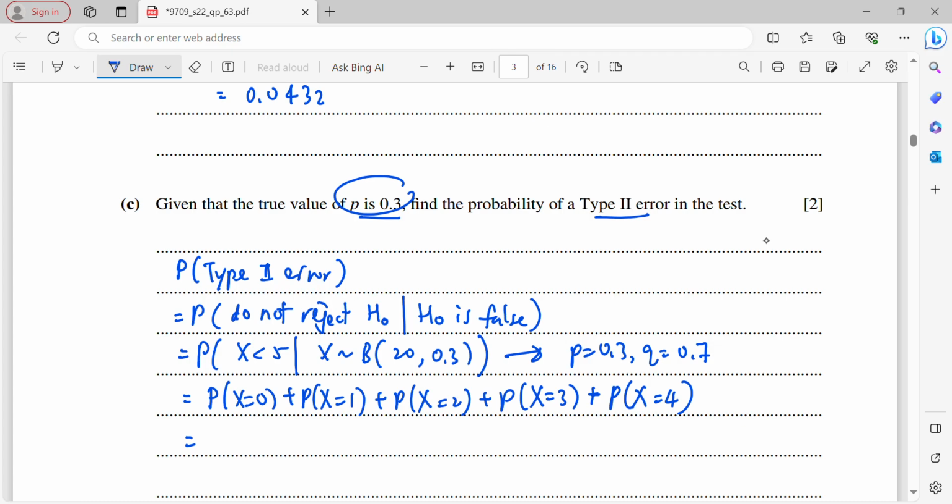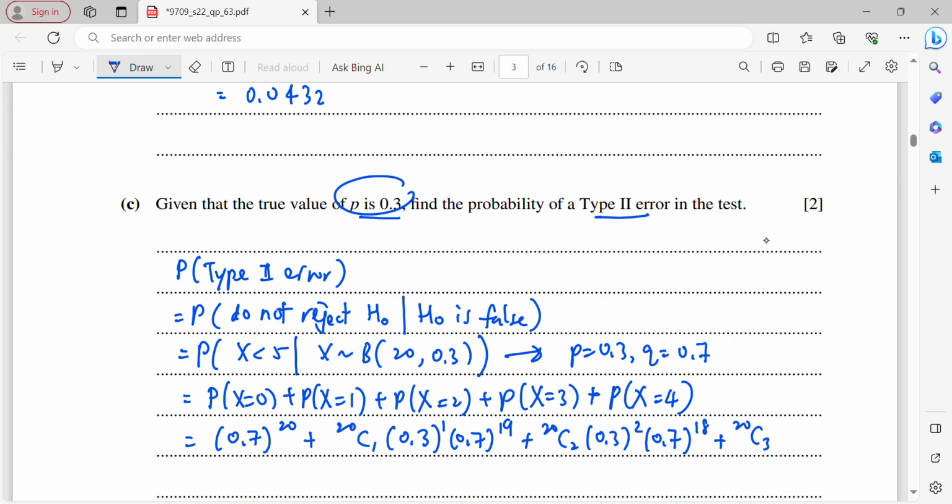Now P(X=0) means no success, then I will get all failures. 0.7 to the power of 20 plus 20C1, 0.3 to the power 1, 0.7 to the power 19 plus 20C2, 0.3 to the power 2, 0.7 to the power 18 plus 20C3, 0.3 to the power 3, 0.7 to the power 17 plus lastly 20C4, 0.3 to the power 4, times 0.7 to the power 16.